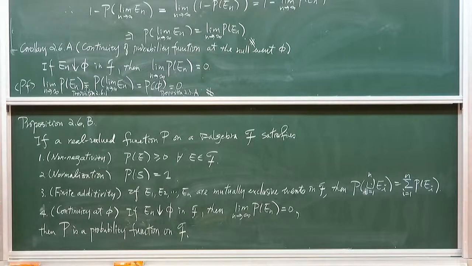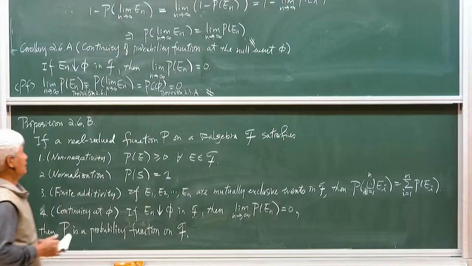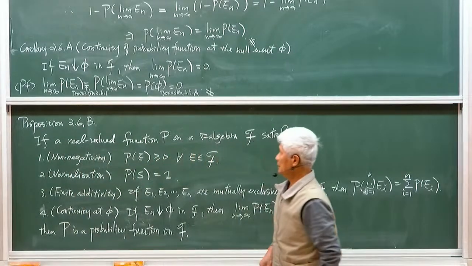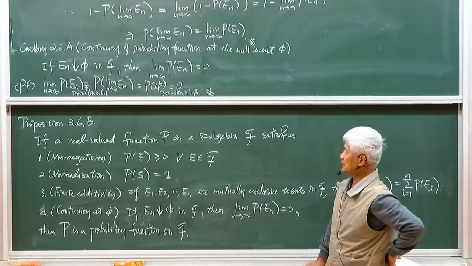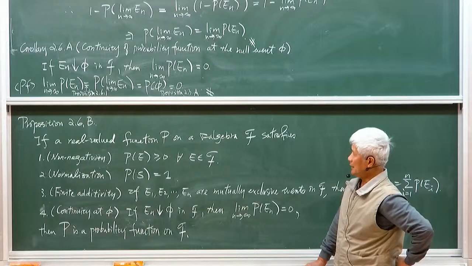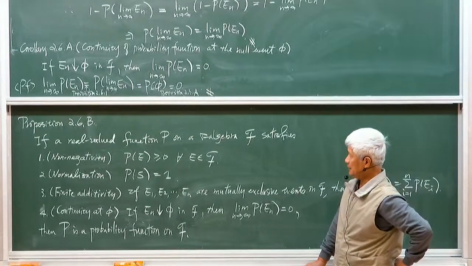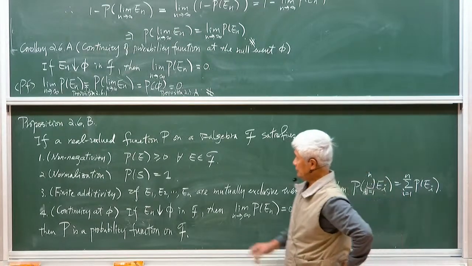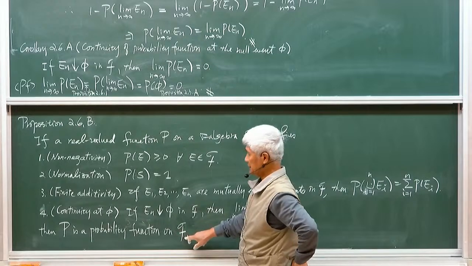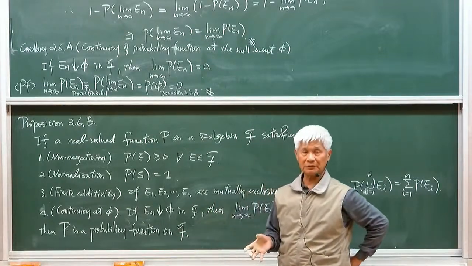If the sample space is not discrete, then the last proposition cannot apply in this case. But in many situations, we still want to identify whether a real valued function defined on a sigma algebra is a probability function.